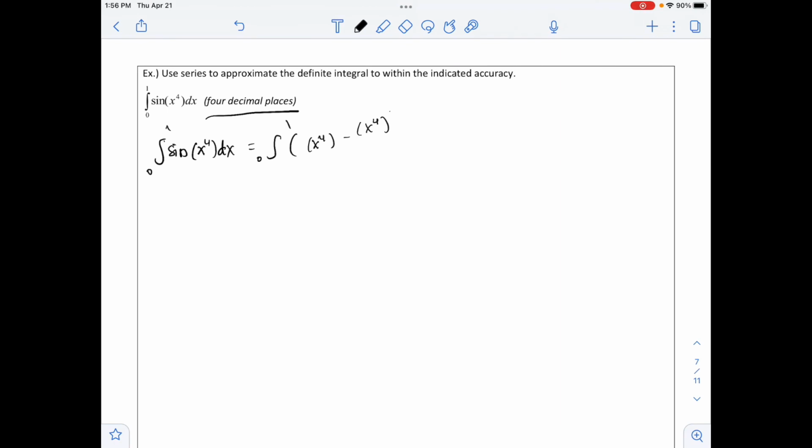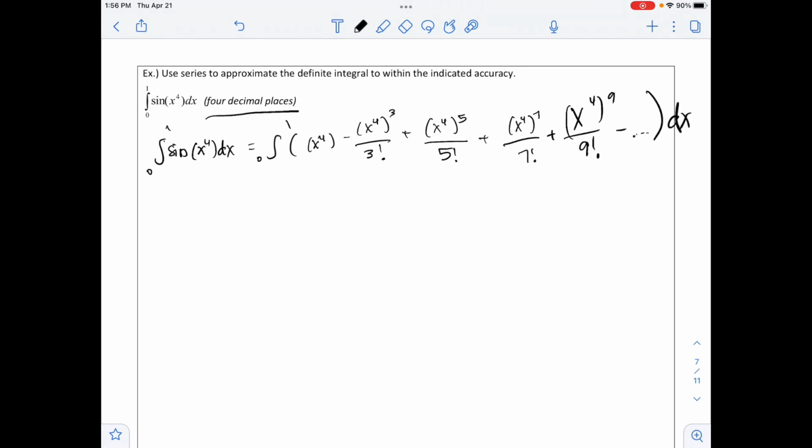So x to the fourth cubed over 3 factorial plus x to the fourth to the fifth over 5 factorial plus x to the fourth to the seventh over 7 factorial plus x to the fourth to the ninth over 9 factorial, and again this continues on, dx.